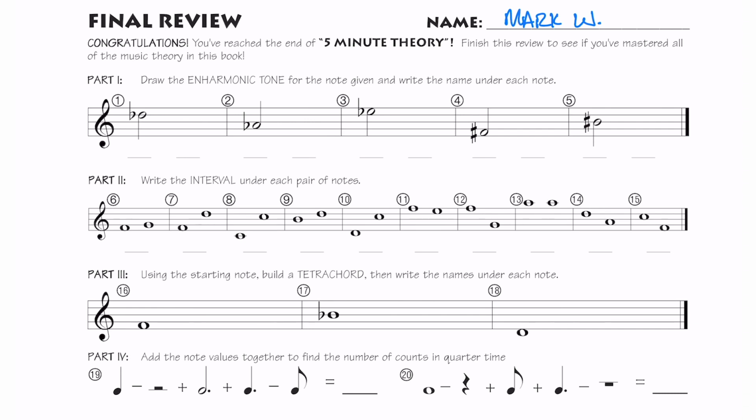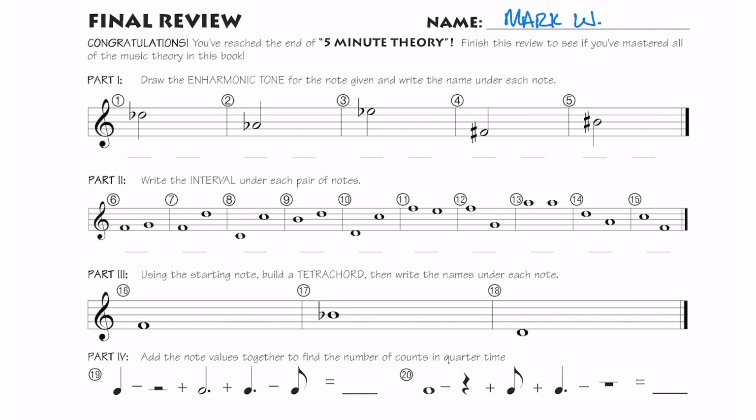Part number 1, I'm drawing in the enharmonic tone for the note given, and then I write the note name under the note. All right, so you have to know what an enharmonic tone is. If you don't know what that is, then you need to go back and learn about enharmonic tones, okay? But hopefully you do. Enharmonic tones is the same note that has two different names.